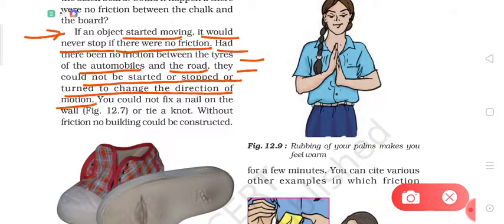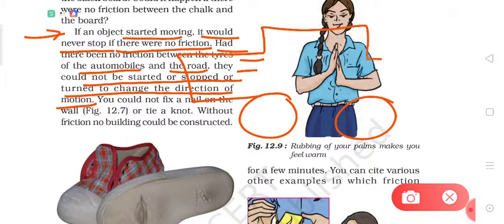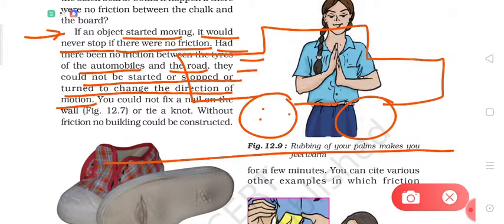So the friction between the tires of a car, suppose this is a car or this is a truck, and these are the tires and this is the road. Friction between the tires and the road is very important, because without friction neither will the vehicle stop moving, nor will you be able to change the direction of the vehicle while it is moving.